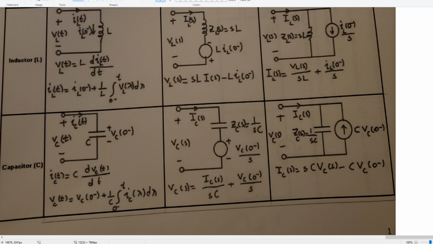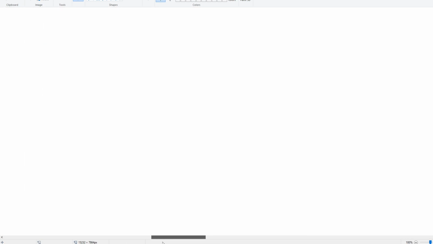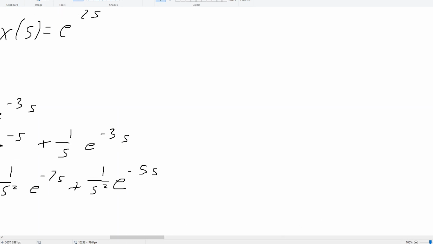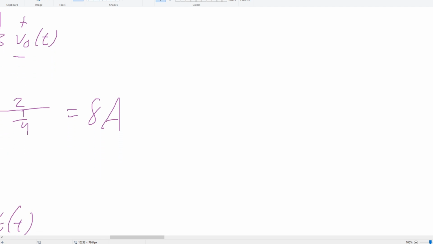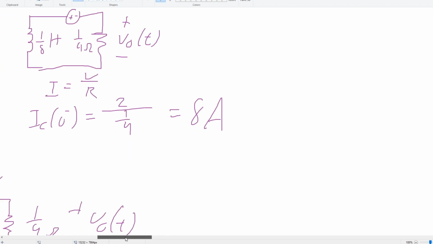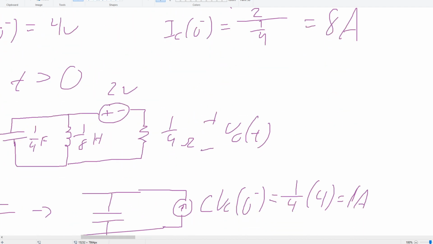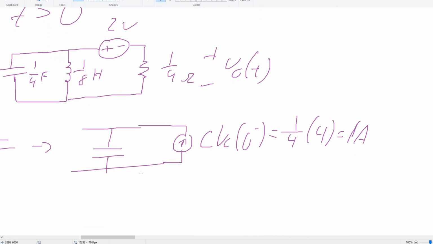And the next part is we had to find the impedance value, Z. To find the impedance value, it's going to be 1 over SC. So let's go back over here. 1 over SC. Scroll down a bit. Over here, the capacitor, we have to change this into impedance.